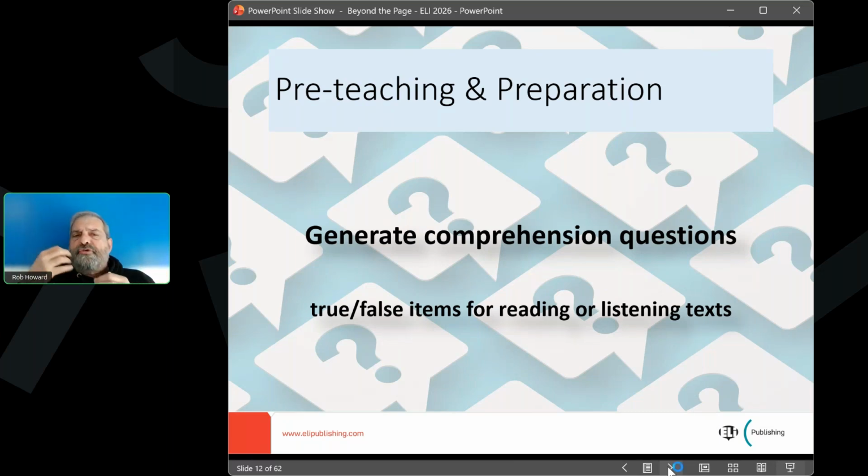So by doing these comprehension questions, whether they be true or false or whatever, we make sure we're taking a temperature and making sure that they're understanding. And AI can produce these very quickly and very easily. Of course, something we'll talk about later is, make sure you check them for accuracy and correctness.